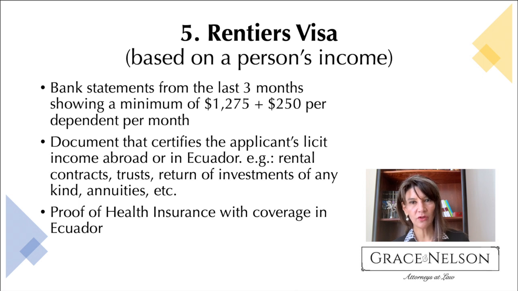You can do so by showing proof that you have an investment, an annuity, royalties, or bonds in your country, or even a lease contract; you have to prove that you own the property and that you have a registered lease contract for that amount per month.